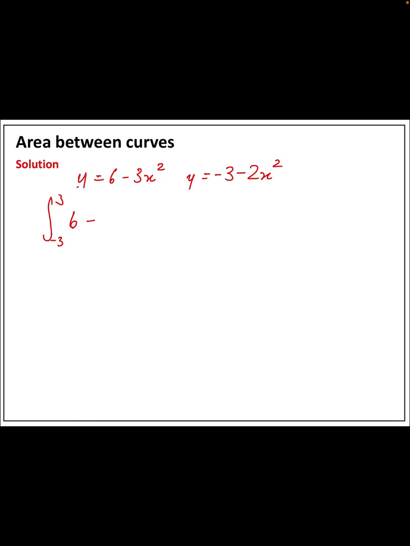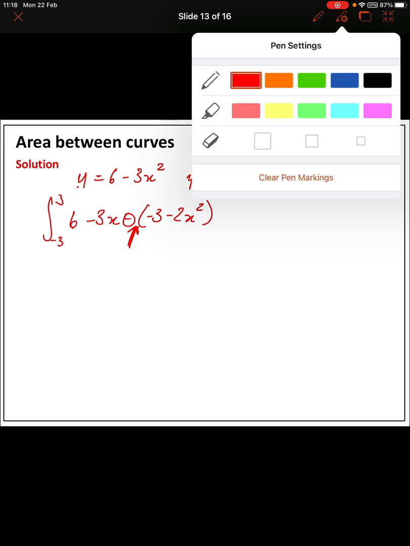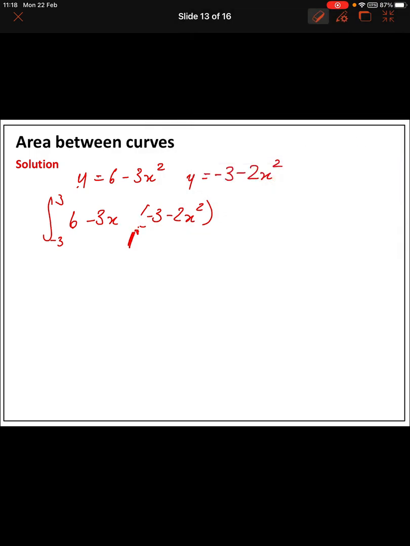You've got 6 minus 3x squared minus bracket minus 3 minus 2x squared. Now, let me point out this. Because you're taking it away, I would always put the second function in brackets because you have to multiply through by this negative, which will change the signs of the other ones, and a lot of candidates find that difficult, and that's where they'll make mistakes.